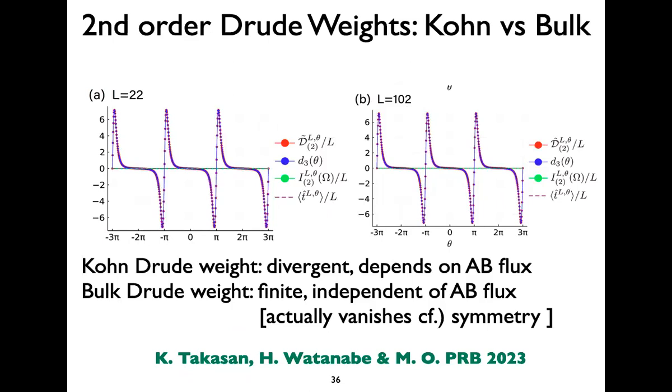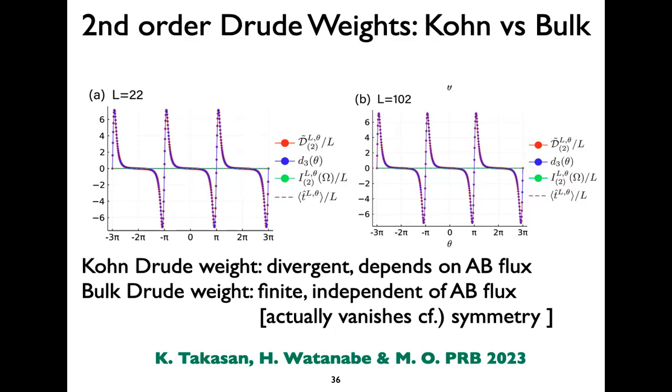And again, this is a second-order Drude weight. Again, the second-order Kohn formula shows very strong dependence on the Aharonov-Bohm flux. Moreover, this is for system size 22, and this is for 102. The system sizes are very different, but the curves are similar.